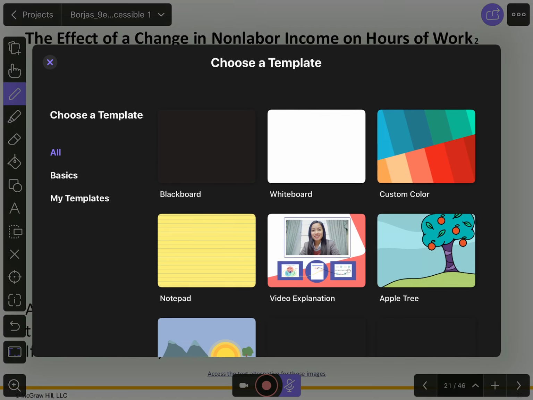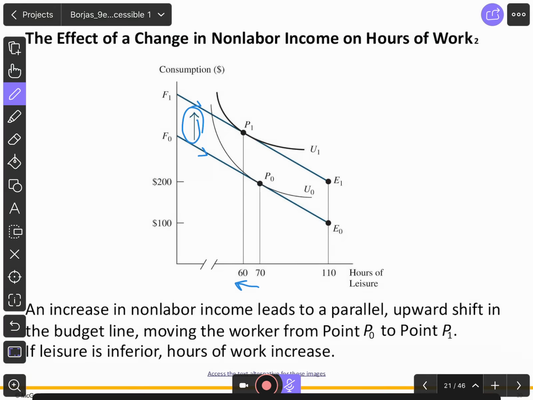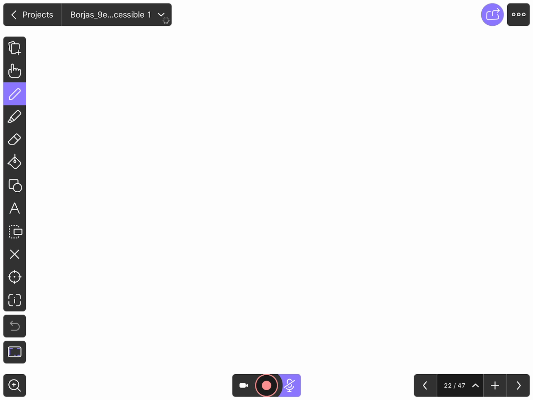So we can write it this way. If there is an increase in non-labor income, we have two possibilities. But in both possibilities, the budget line shifts upward.